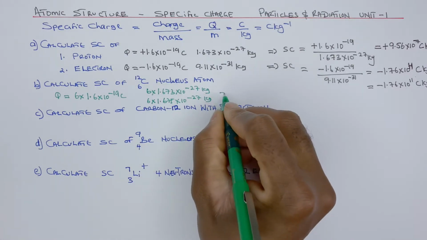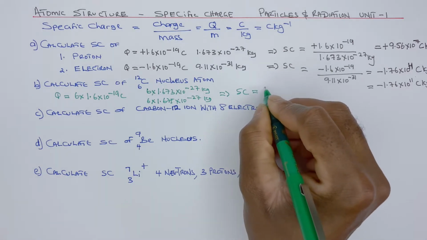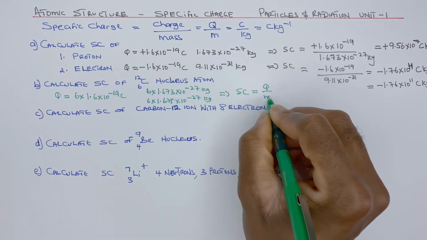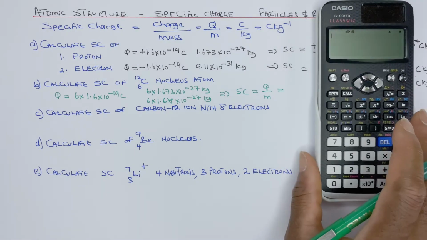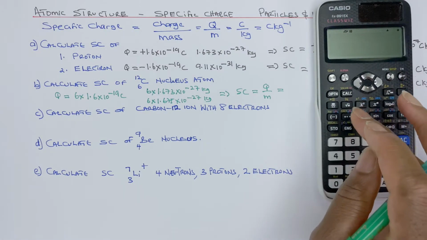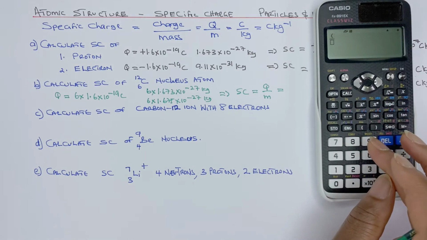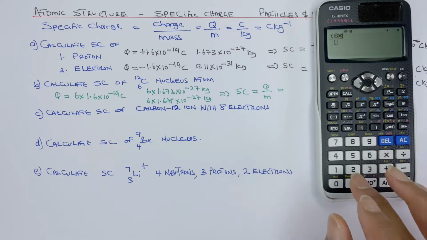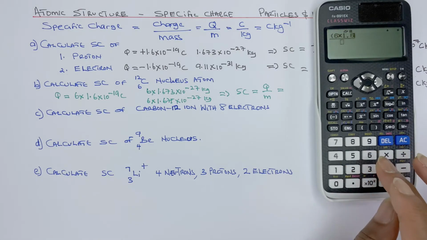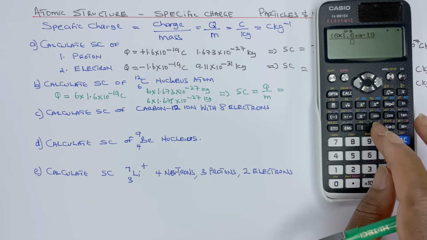So we could plug that in to calculate the specific charge, which is charge over mass. With the calculator, use the fraction key. I will use open bracket 6 times 1.6 times 10 to the power minus 19. So that'll be the charge.